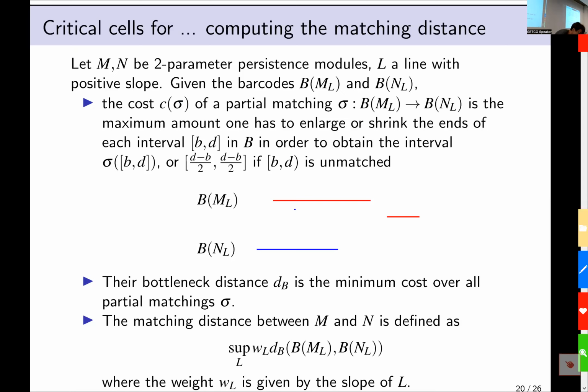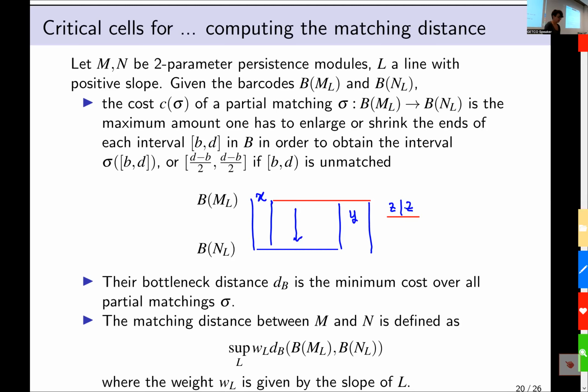I can, for example, match this long red bar to this long blue bar, and then I have a red bar that I can't match, so I leave it unmatched. When I've chosen a partial matching, I can measure how much I need to shrink or enlarge the two bars in order to make them coincide if they are matched, and if they are not matched, I measure how much I need to shrink it in order to make it disappear.